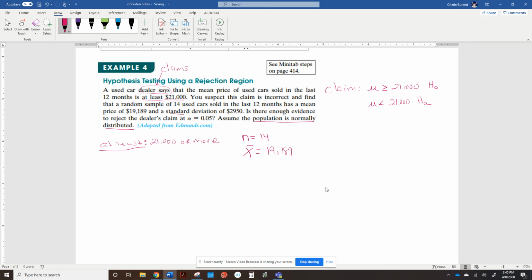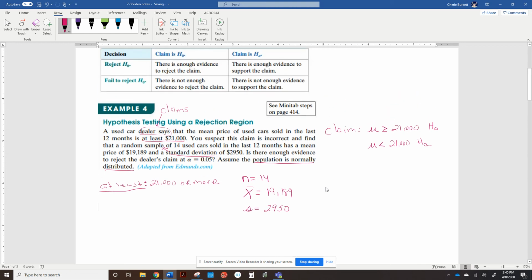So this standard deviation right here is still talking about that sample. So that's the letter S that we use, and it is 2950. Okay, is there enough evidence to reject the claim? There's your alpha.